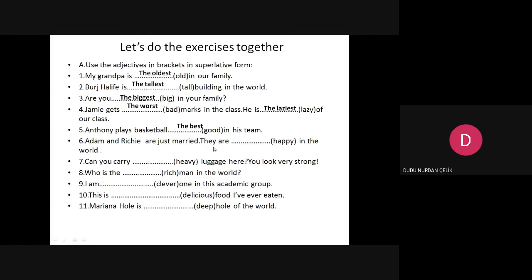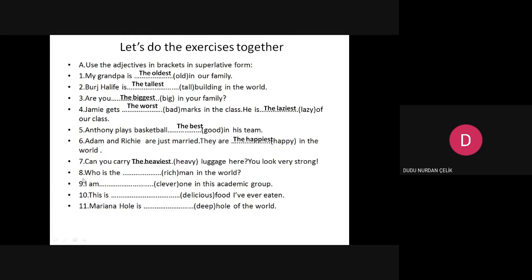So they are, very good, the happiest in the world. Can you carry heavy luggage here? You look very strong. Heavy in superlative form is the heaviest, of course.